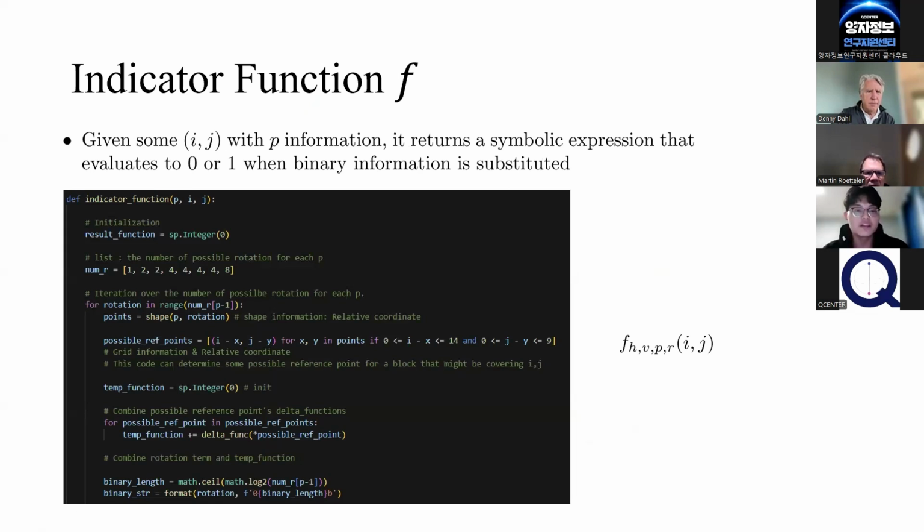And now we can implement the indicator function. First, this indicator function sets the number of valid rotations for each piece using the num_r list. For each possible rotation of P, it calculates how many valid positions of block P can cover the grid cell i, j, and sums the symbolic delta function terms for each possible placement.